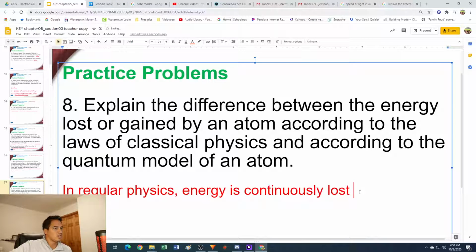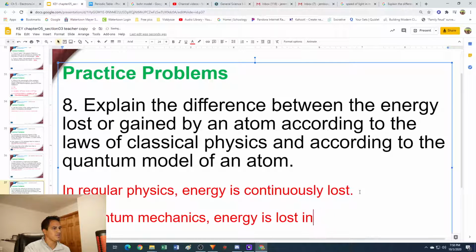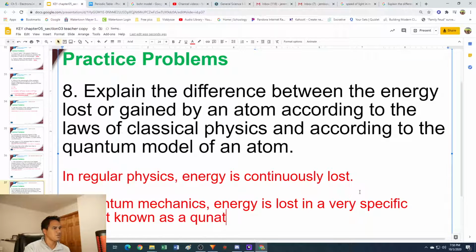And in quantum mechanics, energy is lost in a very finite amount. It's quantized, so you have to have a very specific amount known as a quantum.